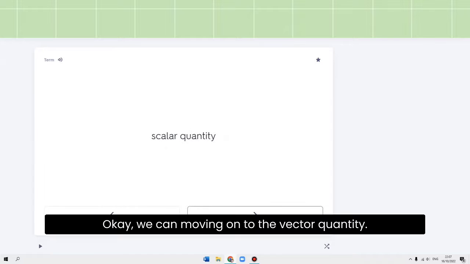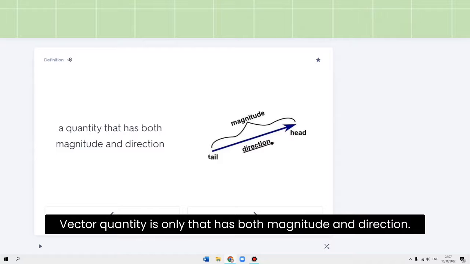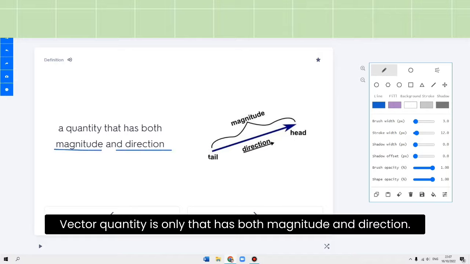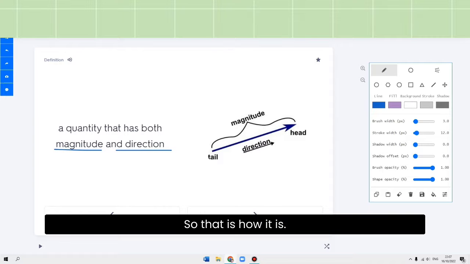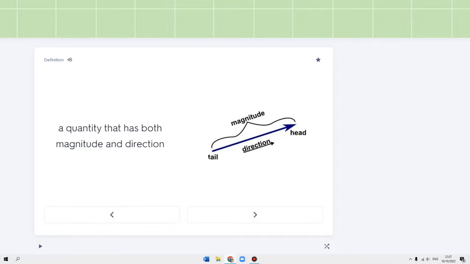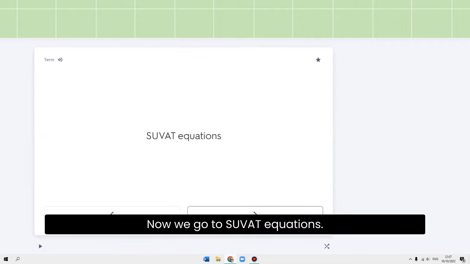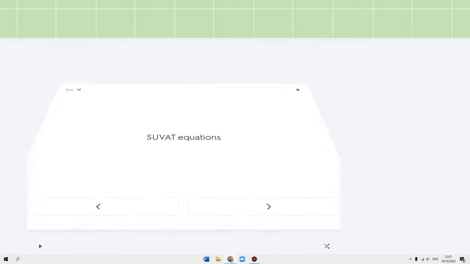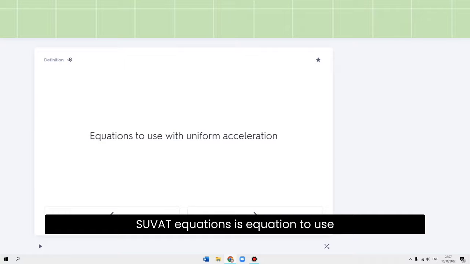Moving on to vector quantity: a vector quantity has both magnitude and direction. Having a direction is the key point of a vector. Now we go to SUVAT equations. SUVAT equations are equations to use with uniform acceleration.